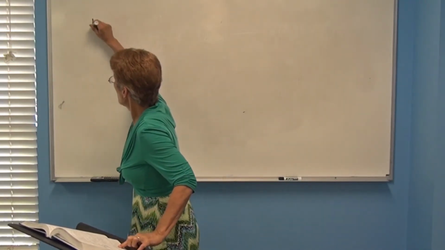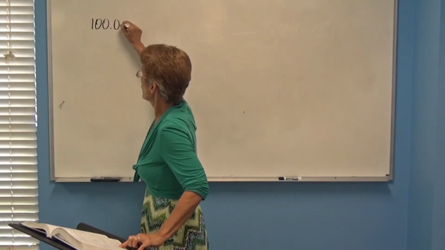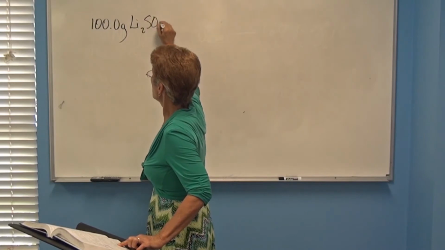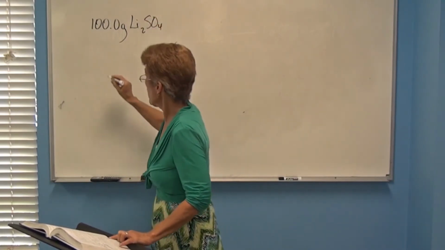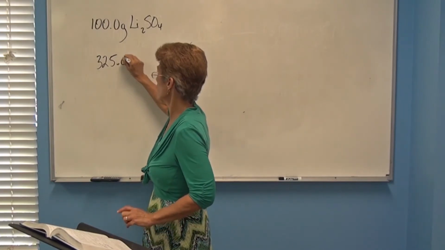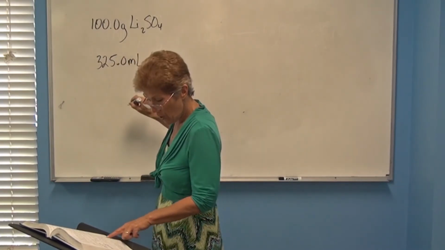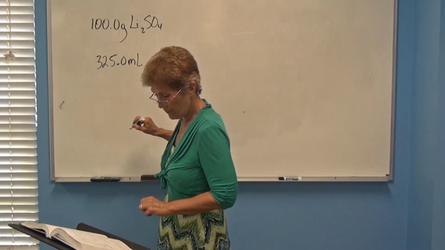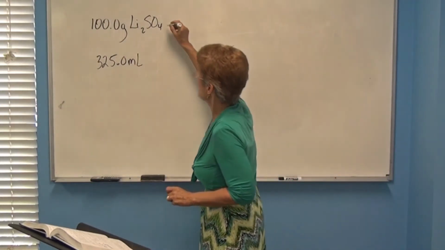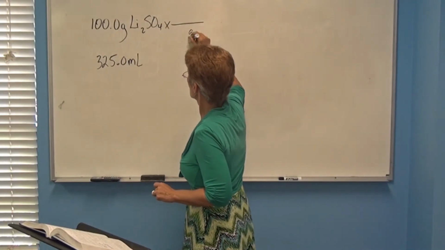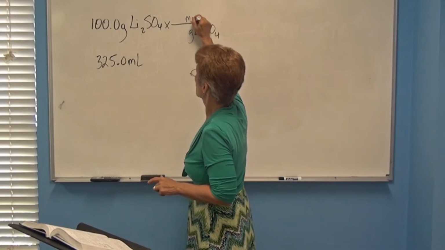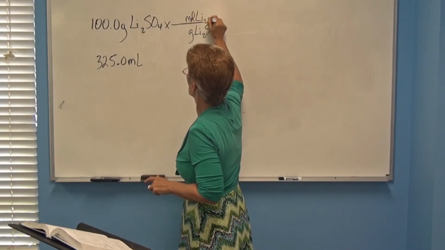We have 100 grams of lithium sulfate, and we have 325.0 milliliters of solution. Okay, we're trying to find the molarity, which is always in moles per liter. We've got to get this into moles and this into liters.